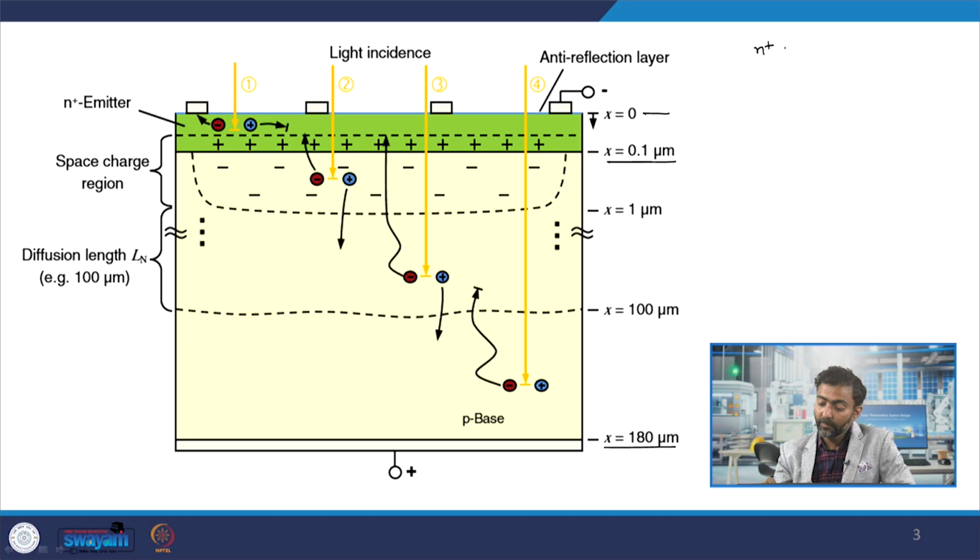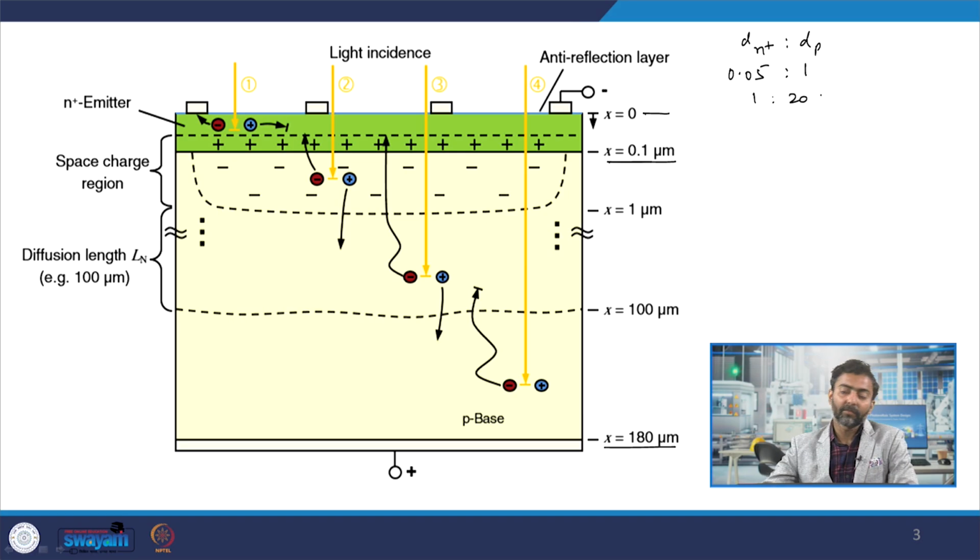If you look at the depth of the space charge region, let us say d on the n plus side compared to the d on the p side, you have 0.1, in fact it is even lesser than 0.1. Let us say I am taking a typical value here. Suppose it is 0.05 micrometer here, and here it says x equal to up to 1 micrometer is where the space charge region is. So, it is almost a 1:20 type of scenario.